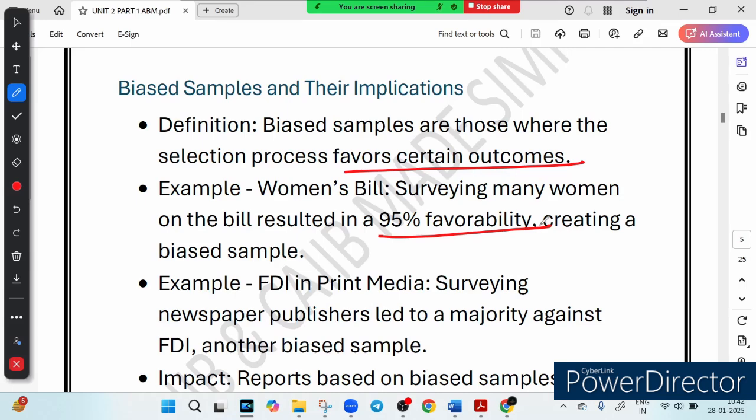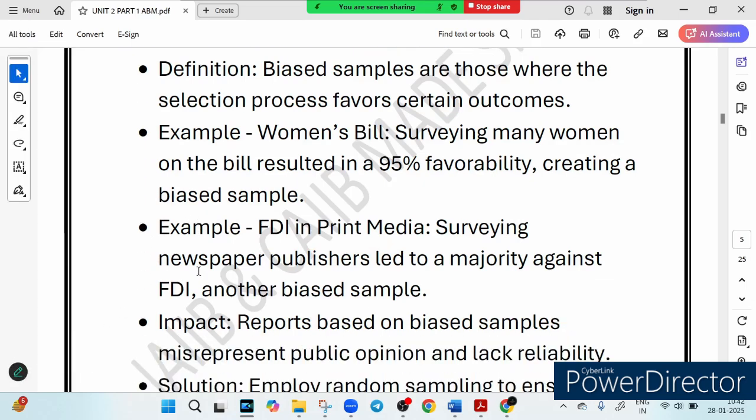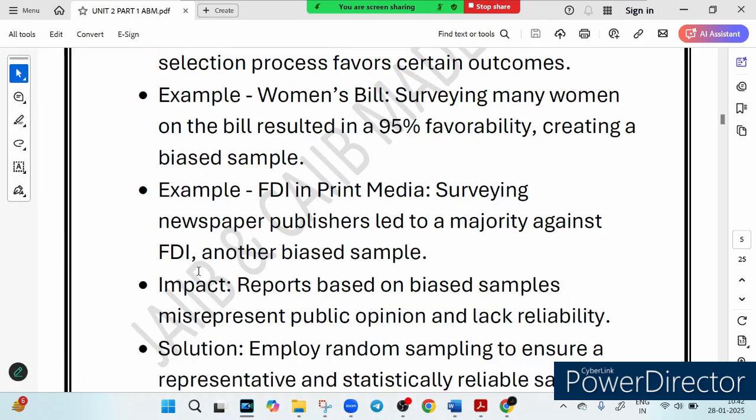Similarly, take another example: a survey on FDI, foreign direct investment, in print media, but all the participants are newspaper publishers. Whoever has participated in this survey is a newspaper publisher. So naturally the majority oppose it because it could impact their industry.